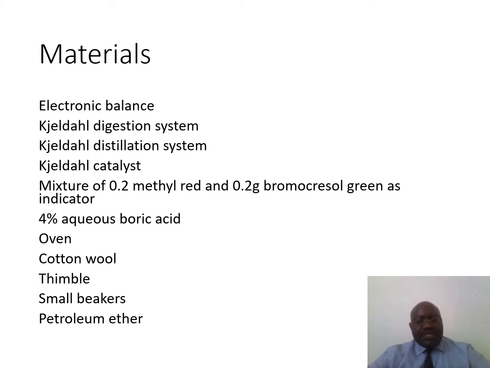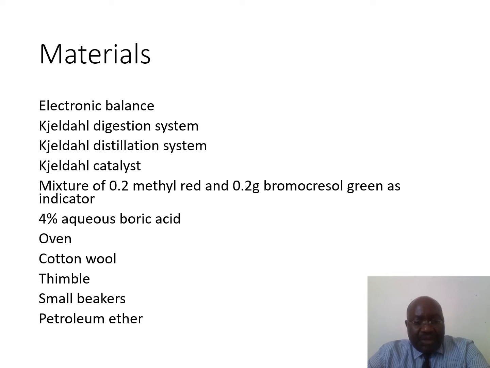When we come to materials, he is mentioning different methods that he's using, and he has simply listed the methods and then the instruments, and he has also listed the reagents that he needs to use as materials.